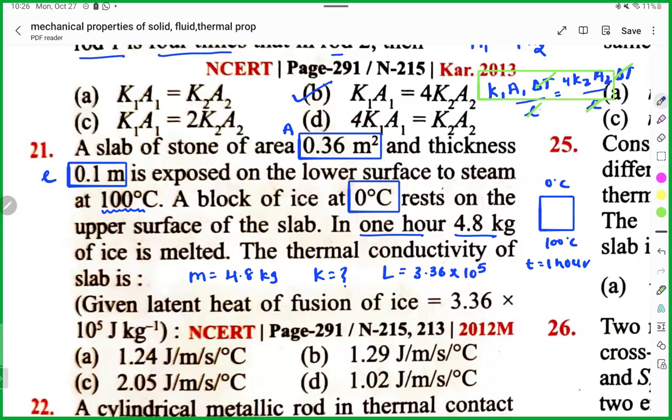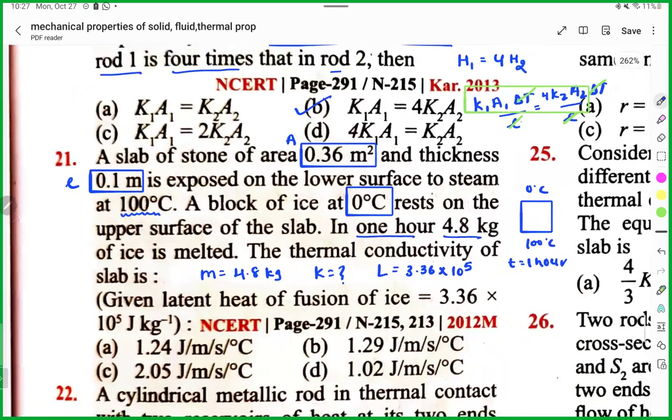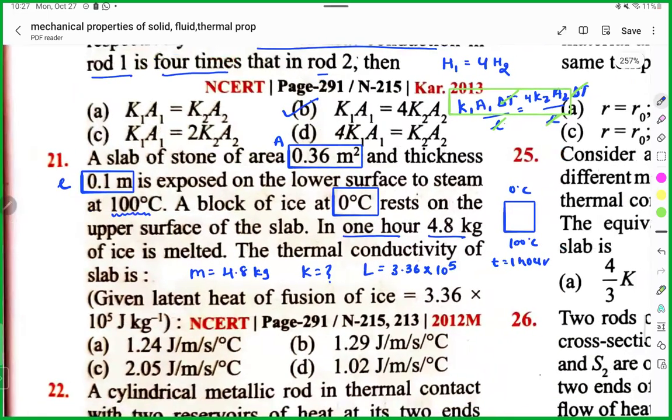All of you calculate and tell me the answer. Chandana, you have to tell me first. And at the end of the session, all of you have to send me a PDF of the solved question during the class.